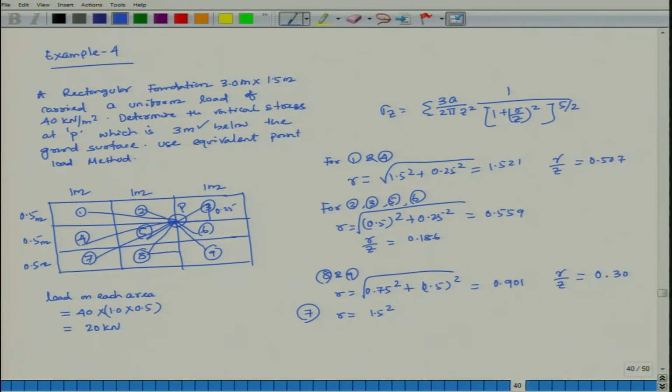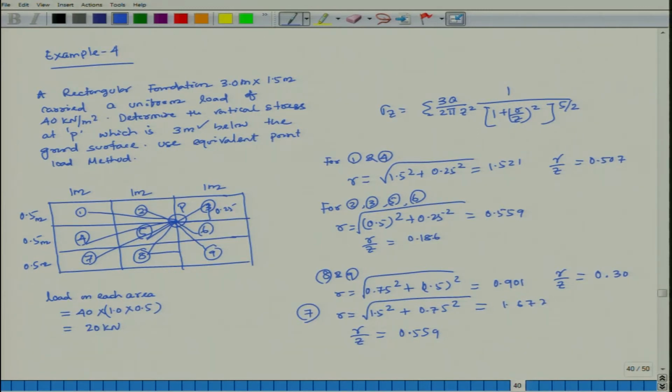If I draw it here, this is your 0.5, this is your 0.25, 0.75, this is 1, this is 0.5. So, the square root of 1.5 squared plus 0.75 squared comes out to be 1.677. Then r by z comes out to be 0.559. This is how it has to be calculated.